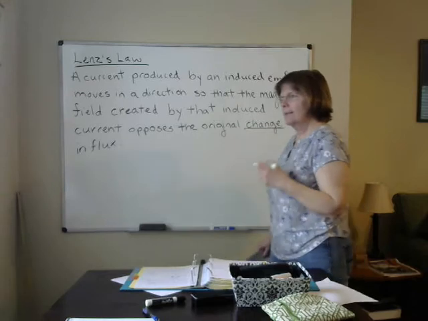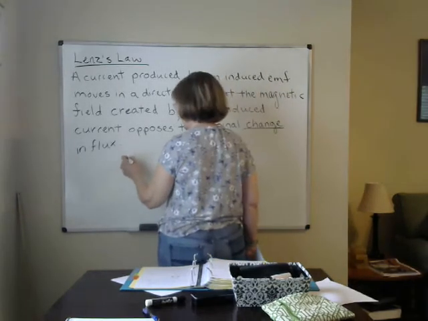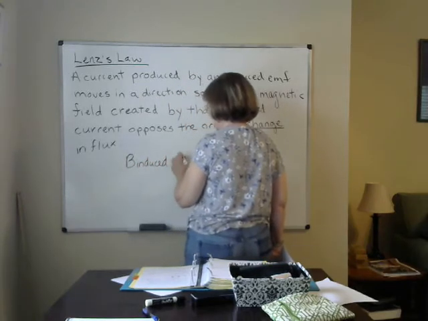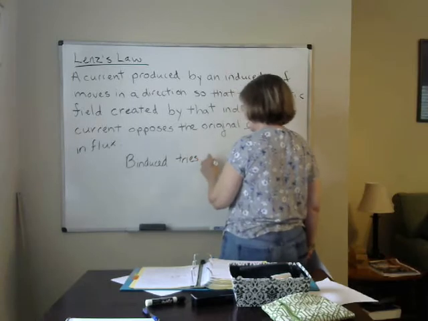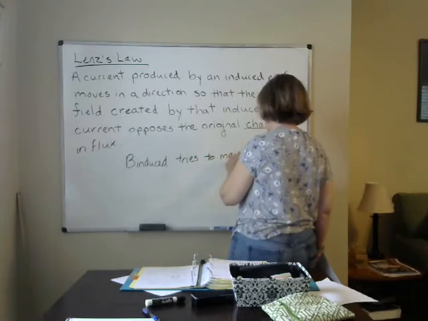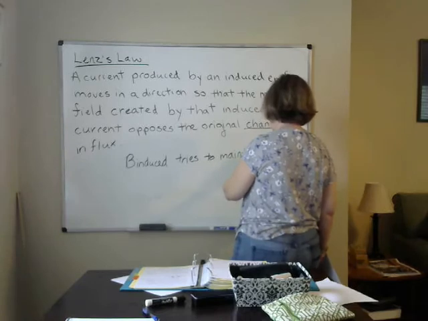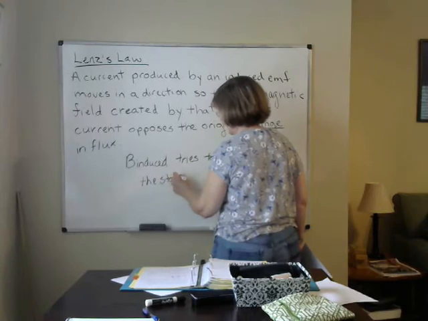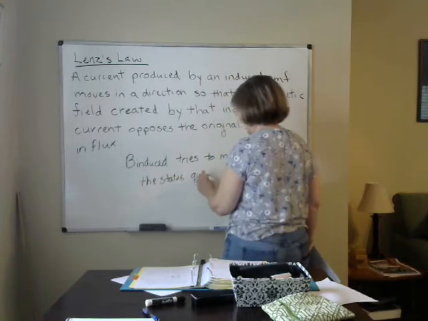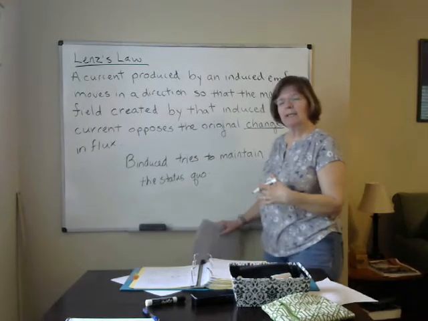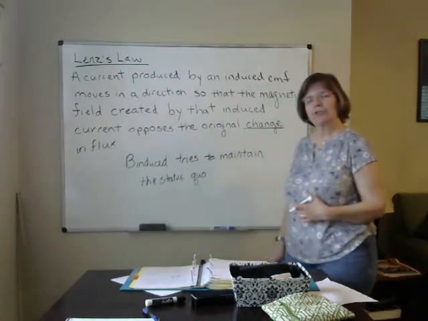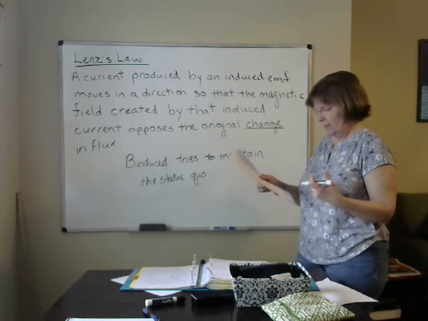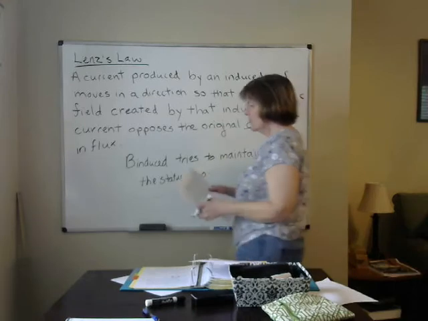So basically, the induced magnetic field, I'm going to call that B induced, tries to maintain the status quo. If the magnetic field is decreasing, it's going to try to increase. It's going to add to it. But if the magnetic field is increasing, it's going to go in the opposite direction and try to decrease it.